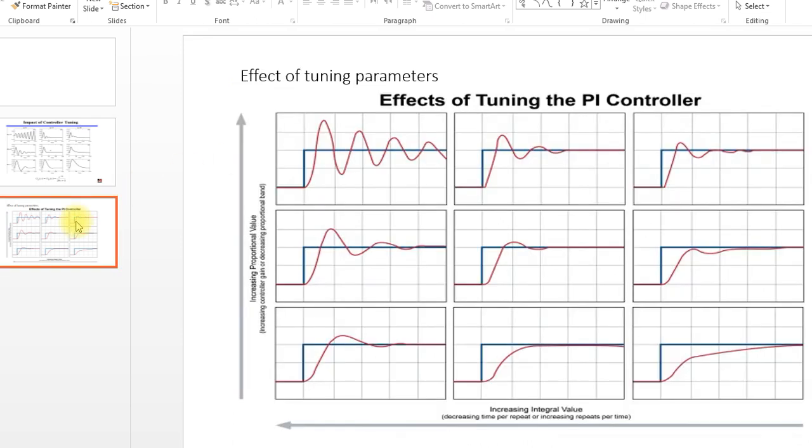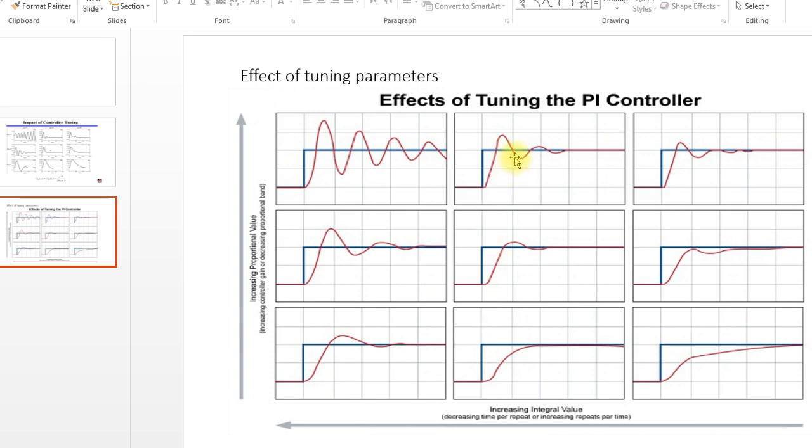For the set point change, you can see the set point change is here, Kc is increasing, Kc increases, it becomes oscillatory. Tau I is increasing in this way, so as you increase the tau I, the integral time, oscillation decreases. Okay, Kc value is less, also this is slower.